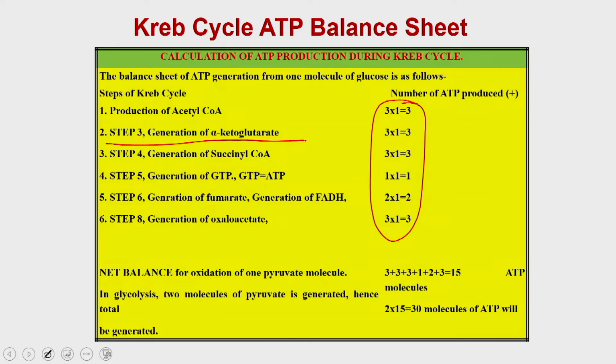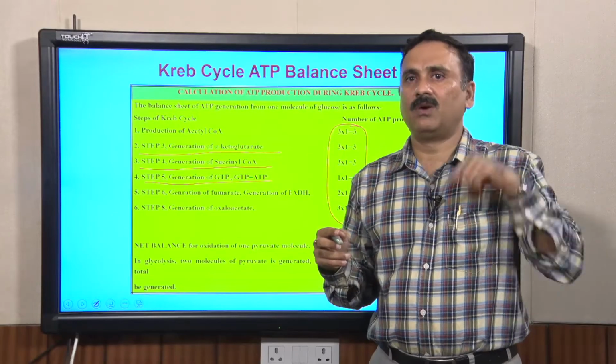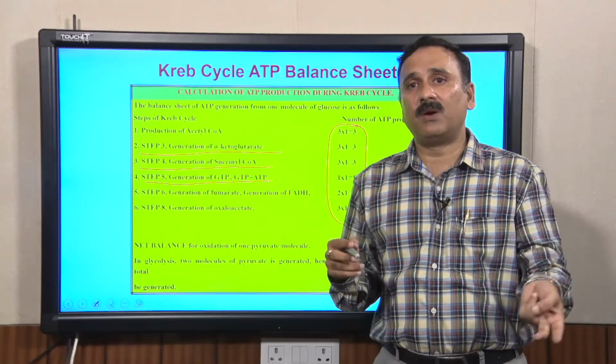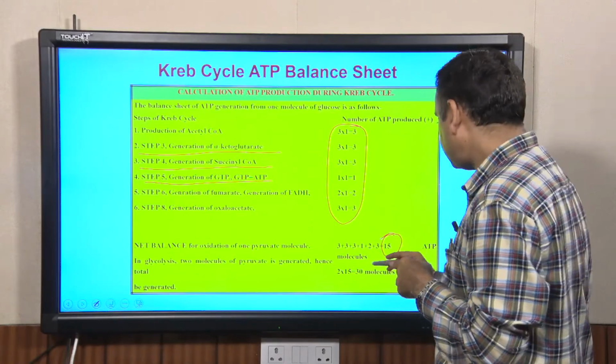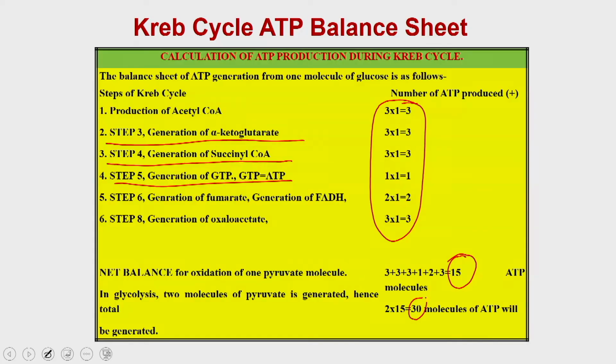In step 3 you are generating an NADH molecule, then another NADH molecule and so on, and ultimately you are making 15 ATP molecules from the 1 pyruvate which you are getting from glycolysis. But since from glycolysis you are getting 2 pyruvate molecules, you are going to have 30 molecules of ATP total generated after the Krebs cycle.